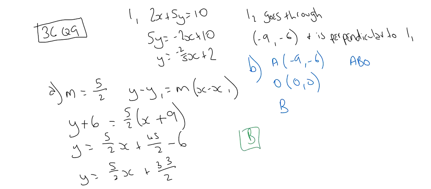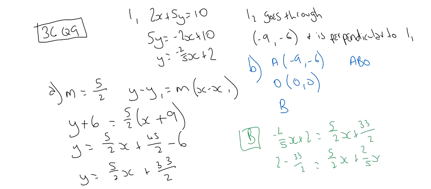So I've got negative 2/5 x plus 2 equals 5/2 x plus 33 over 2. I'm going to get my x's together and my numbers together. So I've got 2 minus 33 over 2 equals 5/2 x plus 2/5 x. You could have done it the other way around. I did it this way so I wouldn't end up with any negatives.